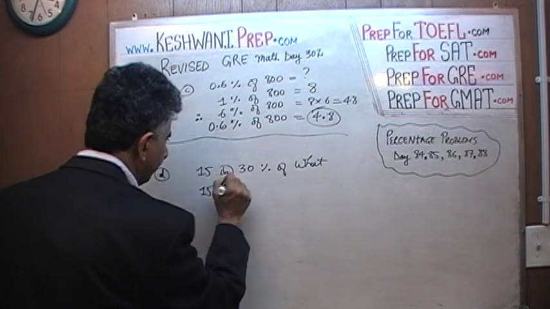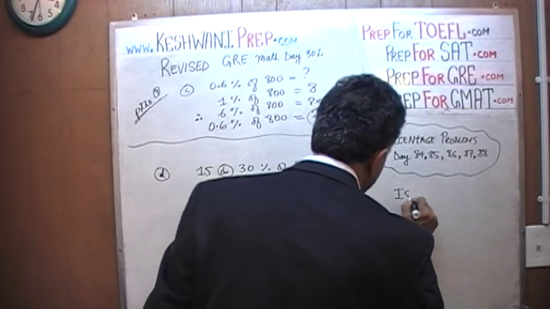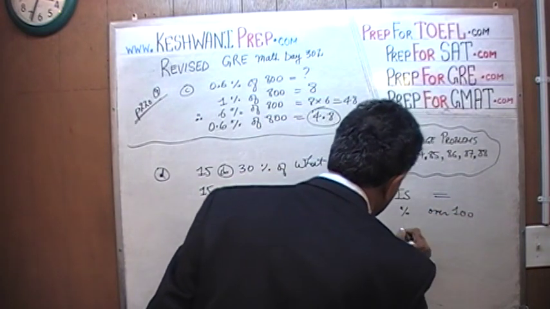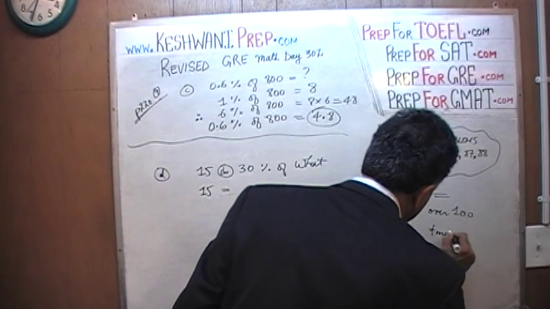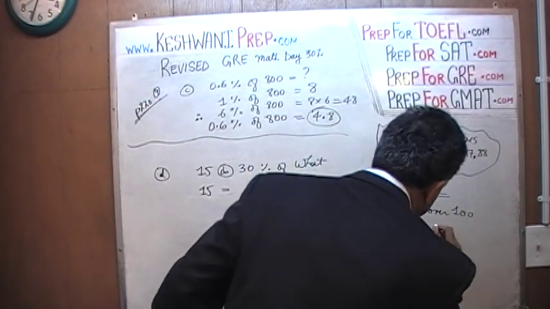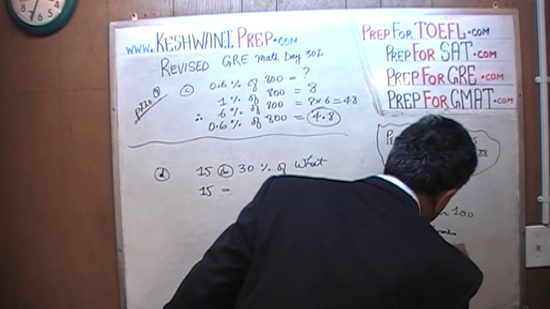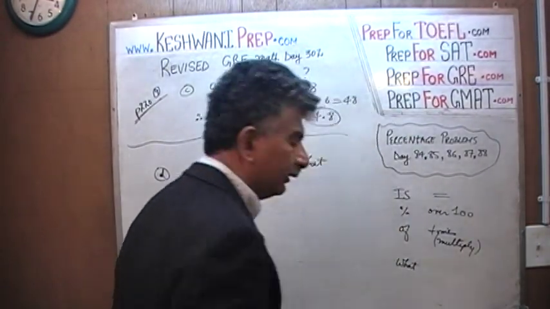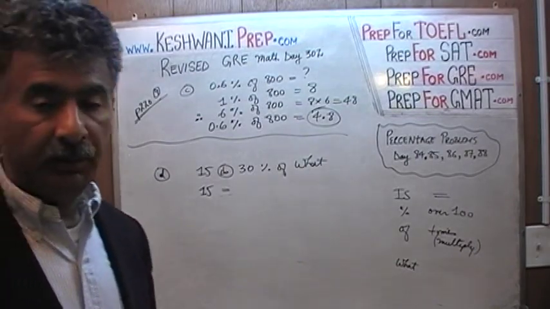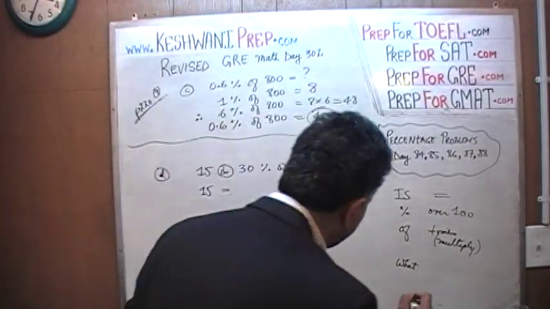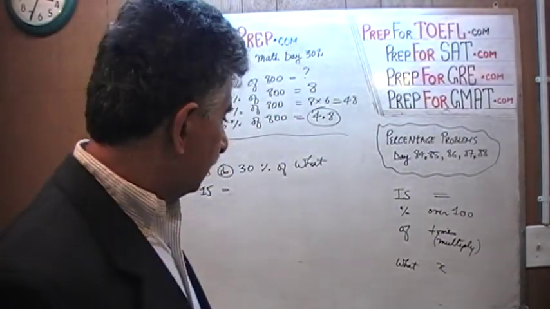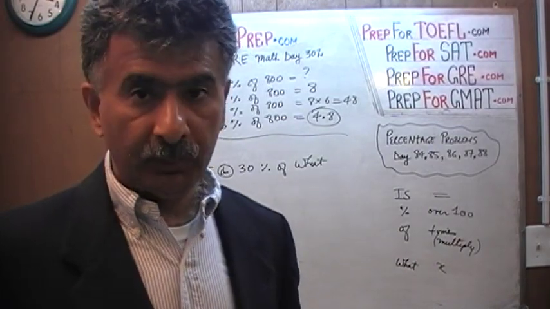"Is" means equals, "percent" means over 100, "of" means times or multiply, and whenever we see the word "what," that is our unknown quantity. Traditionally one represents the unknown quantity with the letter x. It's just a convention, just a tradition. If you want to represent the unknown quantity by y, go ahead and go wild. Do you understand?